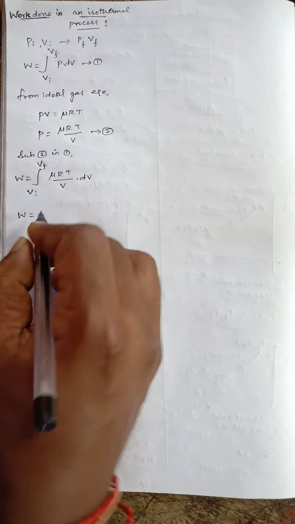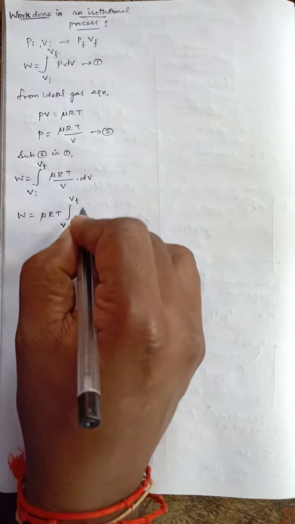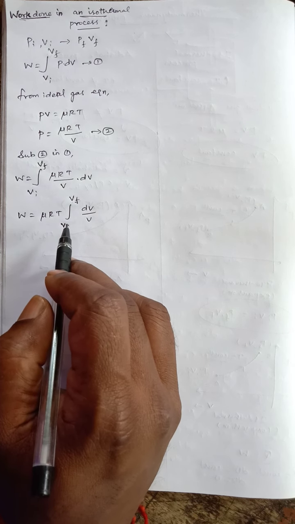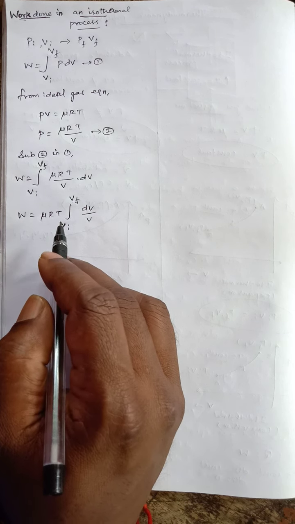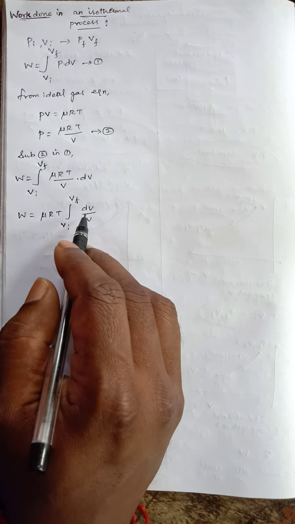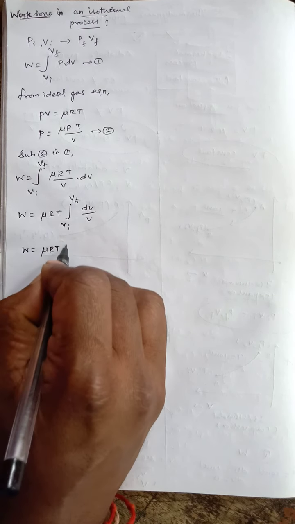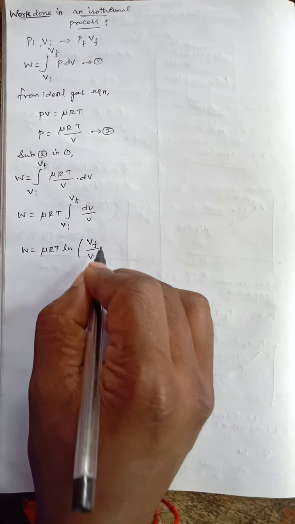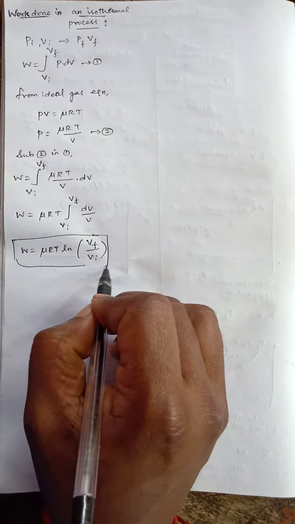So W is equal to mu RT integral of Vi to Vf of dV by V. The integration of dV by V gives the log formula, but here we use the natural log, ln. So W is equal to mu RT ln of upper limit Vf by lower limit Vi. This is the work done formula for the isothermal process.